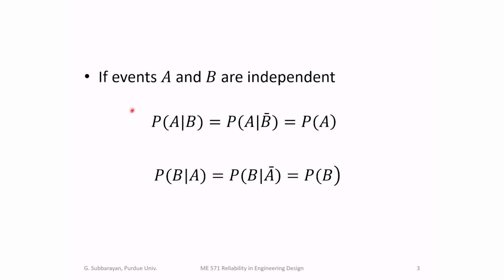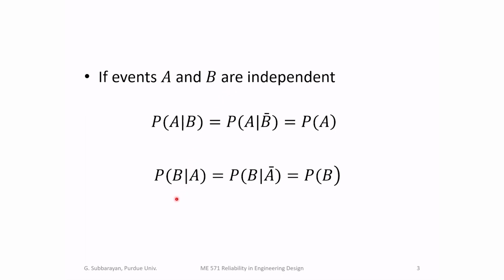Therefore, if the events A and B are independent, the probability that event A would occur given that event B has occurred is independent of whether B occurs or not, and that's equal to the probability of A. And therefore, one can also say that the probability of event A occurring has no bearing on whether B has occurred or not occurred, which is the complement of B. So the probability of A given B is the same as the probability of A given B complement, or B not occurring, and that's equal to the probability of A if A and B are independent events.